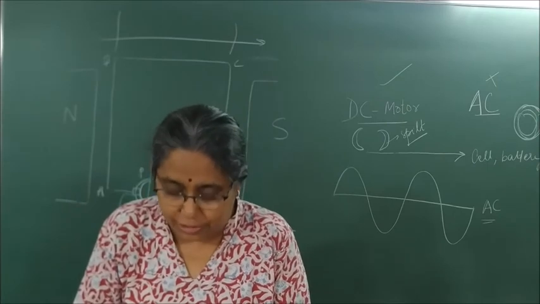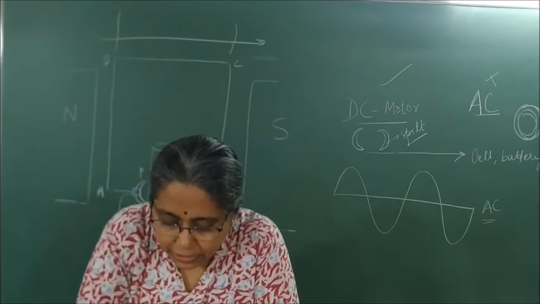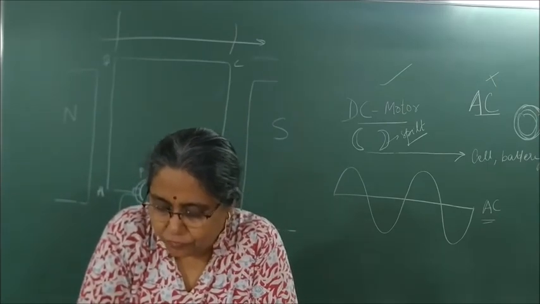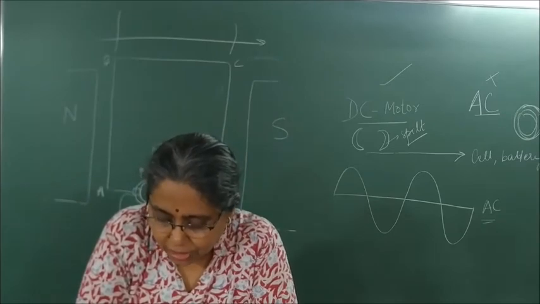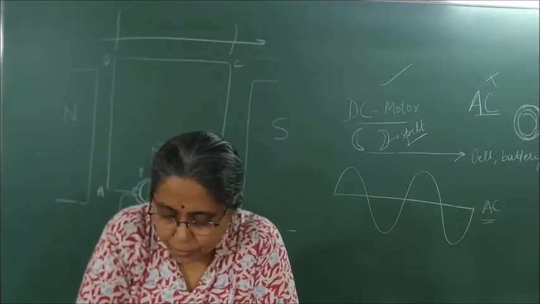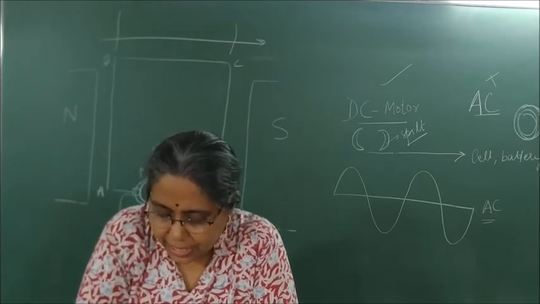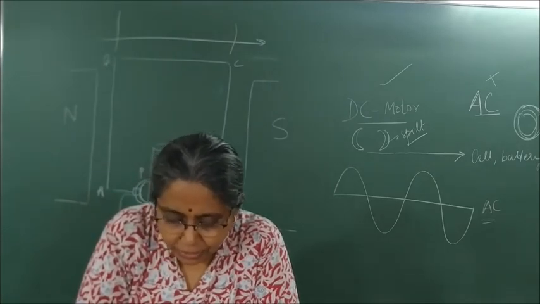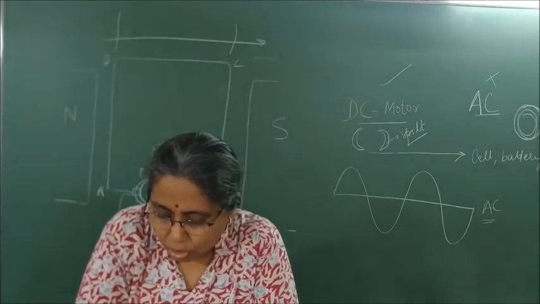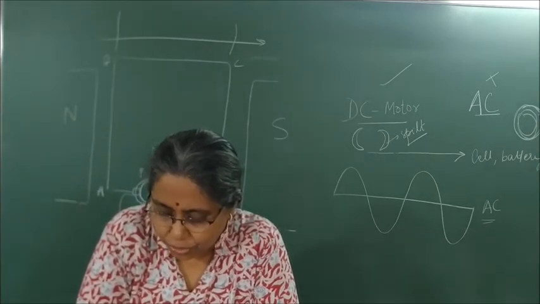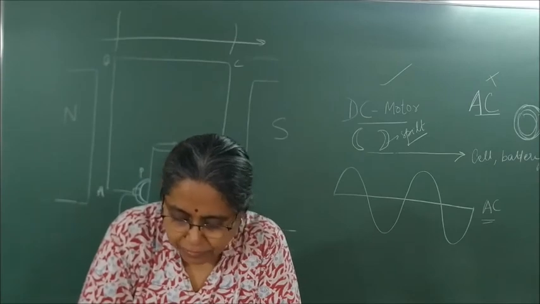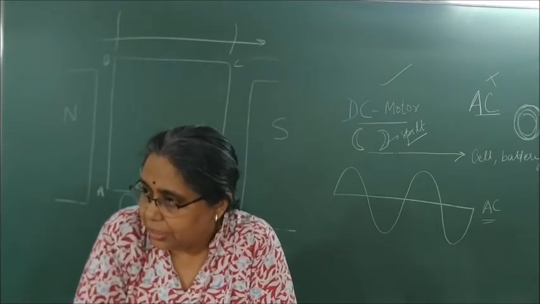Underline. A device that reverses the direction of flow of current through a circuit is called a commutator. In an electric motor, the split ring acts as a commutator. The reversal of current also reverses the direction of force acting on the two arms AB and CD.